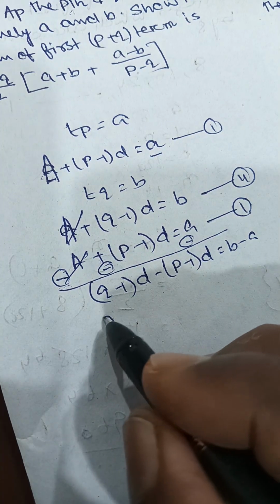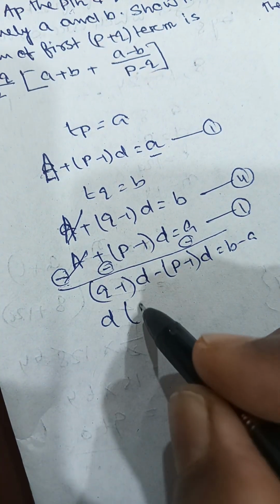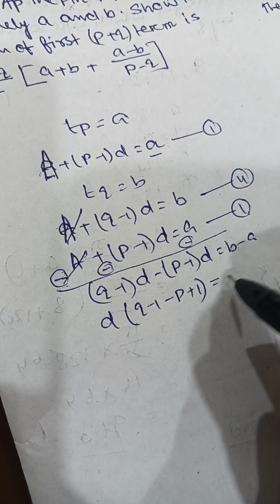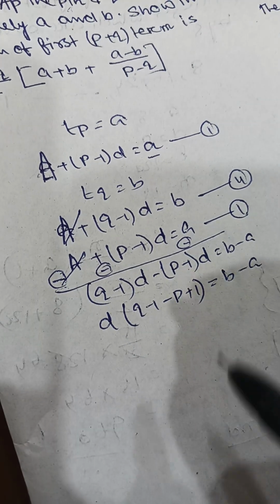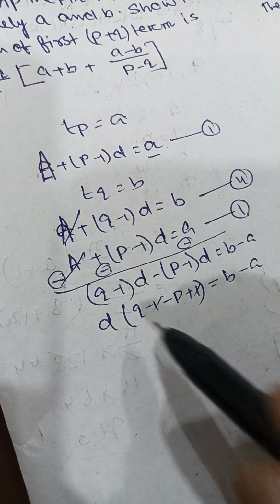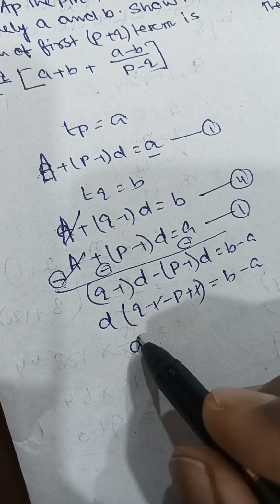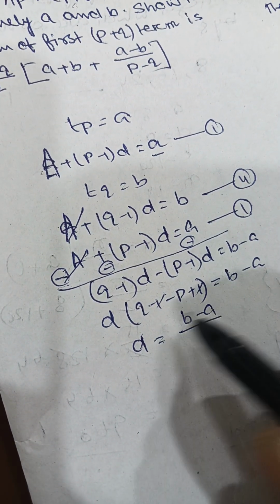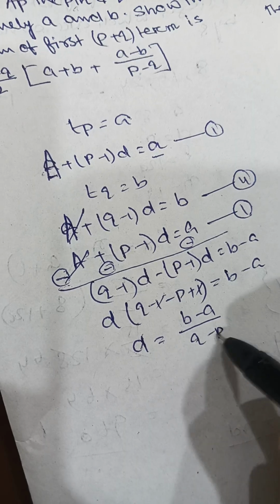If I take d common, it will be (q minus 1 minus p plus 1) equal to b minus a. So 1 cancels, and d equals (b minus a) by (q minus p).